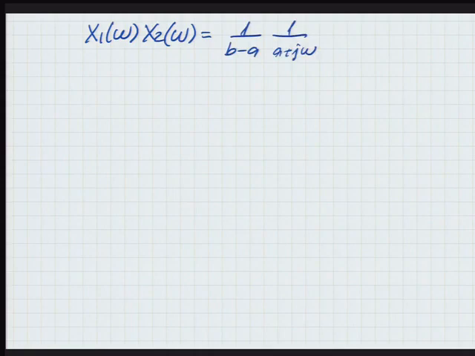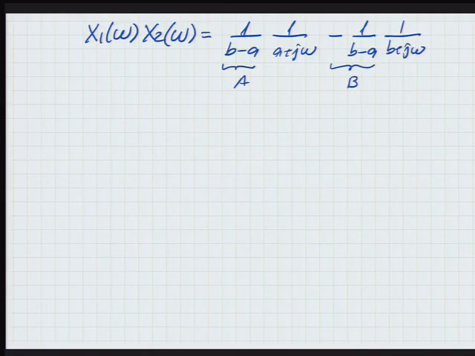And then capital B had the opposite sign, so it's a negative. So this is our a, this is our b, okay? 1 over b plus j omega, right? Okay, so that's the benefit of the partial fraction expansion.